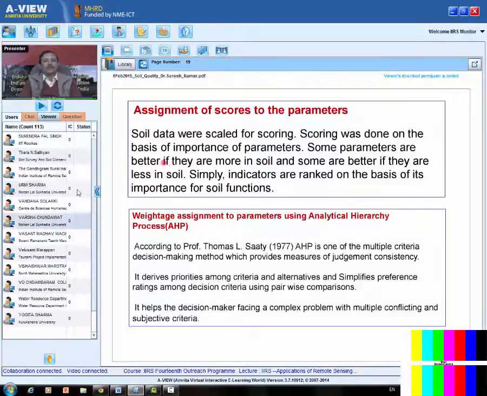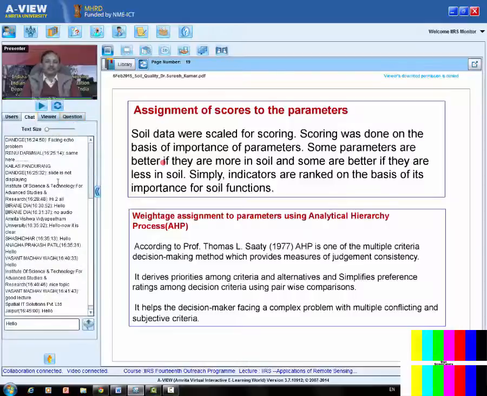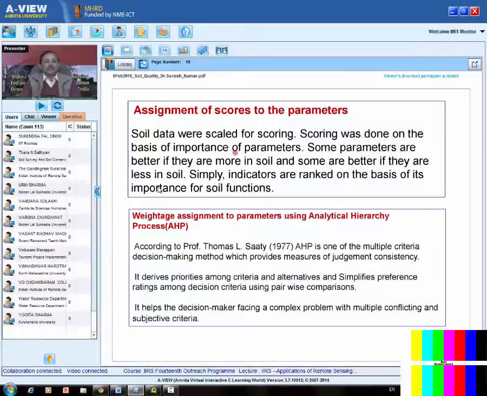But for example, organic matter: if it is more, it is good, but if it is less, it is not good. So some properties we require in a higher amount, and some we require in a lower amount. So we do the scoring in a very judicious way and give the scores based on our knowledge and on the optimal requirement of the properties.